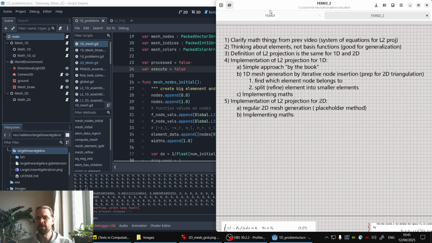In fact, there's a huge gap between how difficult it is to implement one dimension and 2 dimensions. So in this video, I wanted not to go the simplest route and show you 1D because it is very simple, and then 2D.